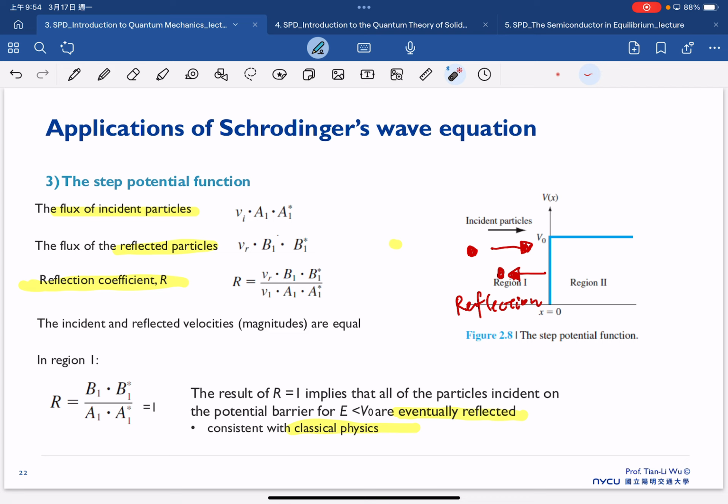So that's why sometimes we feel quantum mechanics is very complicated. But I believe that the quantum mechanics we are talking about here is pretty straightforward and easily understood, and in lots of cases you can already expect the result, and lots of cases are very consistent with classical physics.